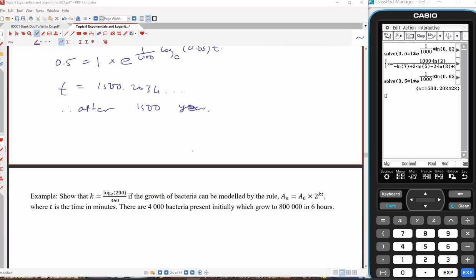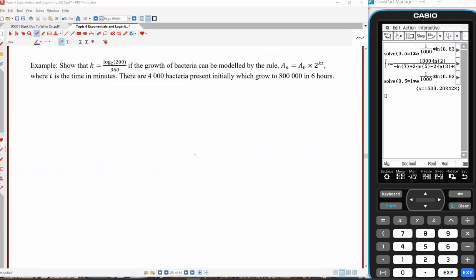Okay, so let's go to the next question. Show that k equals log 200 on 360 if it can be modelled by this rule where t is the time in minutes. There are 4,000 bacteria present initially, which grow to 800,000 in 6 hours. Okay, so this does give you an initial value and the value after a certain amount of time.